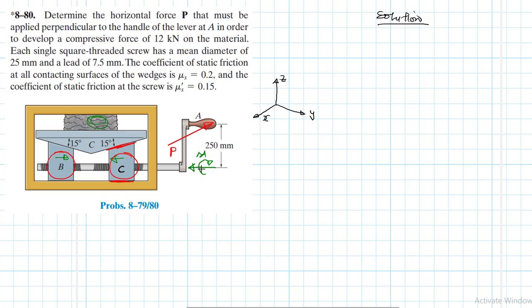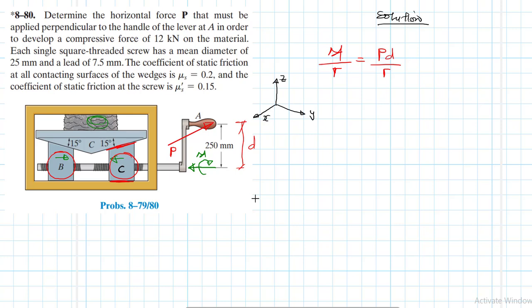So this force is directly proportional to this moment. So we know that M divided by R is equal to this force P times the lever distance, if this is our D, times D divided by R. So this is the relationship.